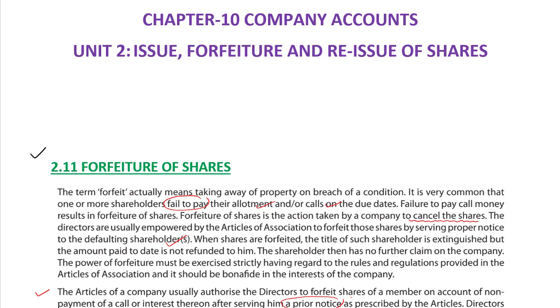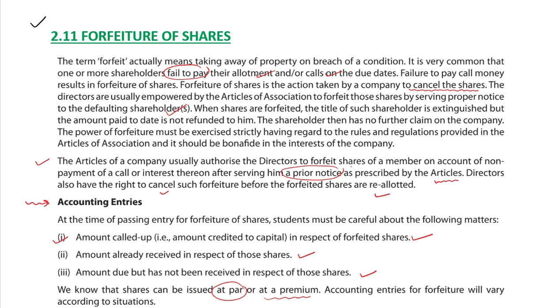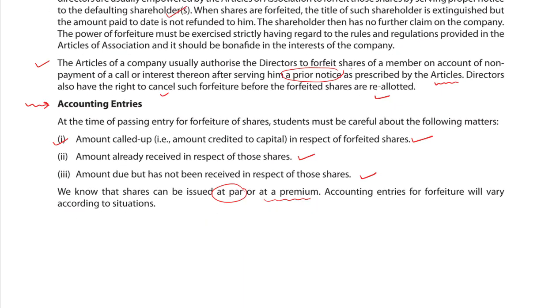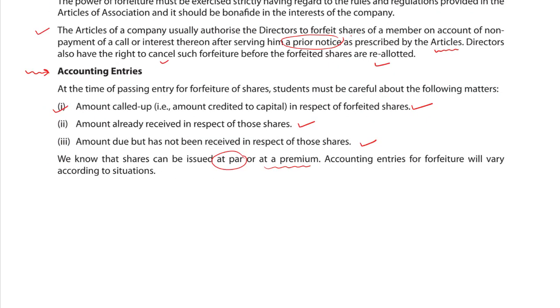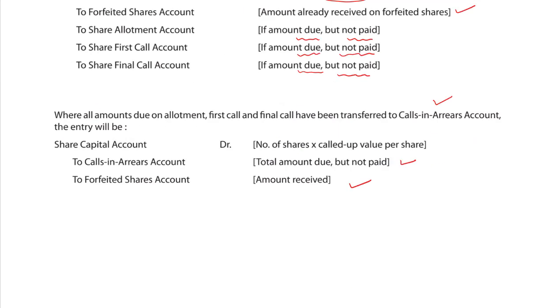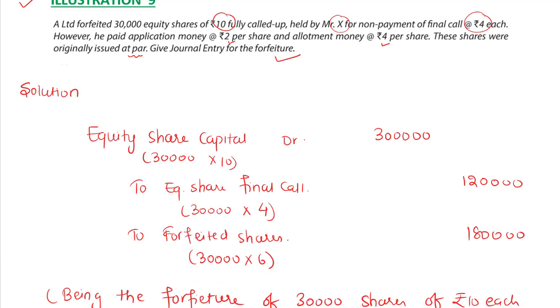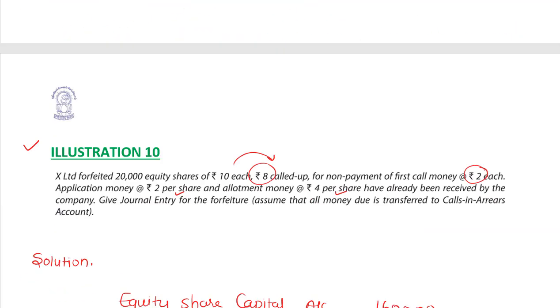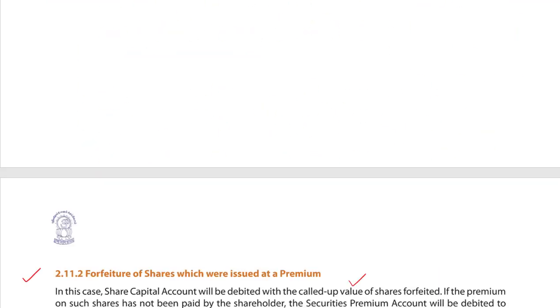We started with forfeiture of shares, understood the concepts of share forfeiture, when the share is issued at par or at a premium, how to journalize the same, and how to pass the journal entry in case of forfeiture of a share. We did several illustrations in relation to it.